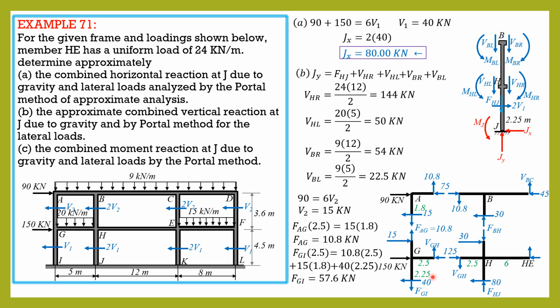So FGI is equal to 57.6 kilonewtons. So that's it for this slide. Let's continue this in the next slide.